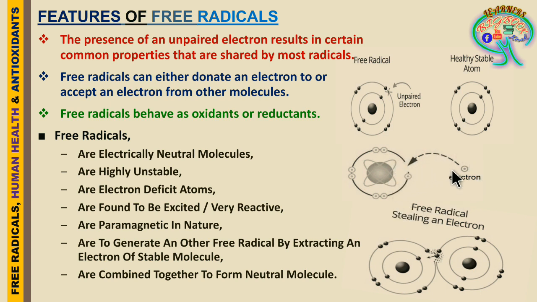This neutral molecule is always beneficial to the system or the health. So these are a few features of free radicals, and how they react under unstable and stable conditions.